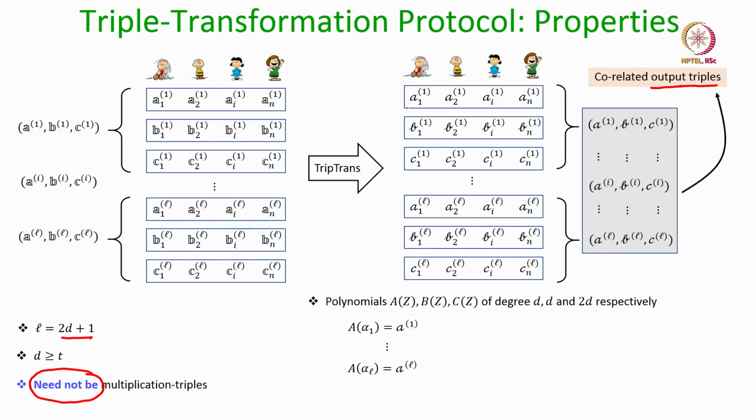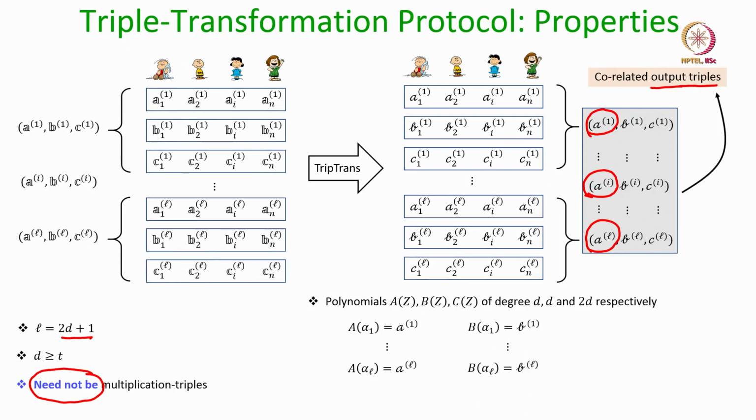So, if I consider the A component of the first output triplet, the A component of the second output triplet and the A component of the nth output triplet, these are the shares. Sorry, if I take the A component of the first output triplet, the A component of the ith output triplet and the A component of the nth output triplet, all of them should lie on my A polynomial, where the degree of the A polynomial is d.